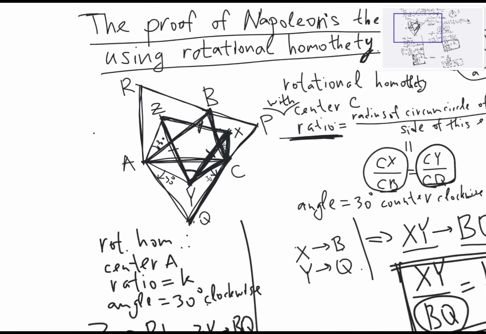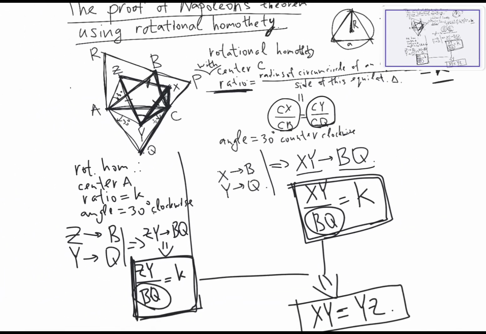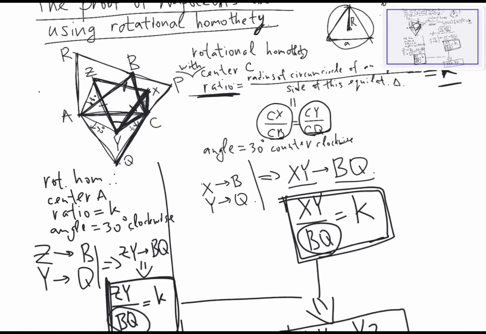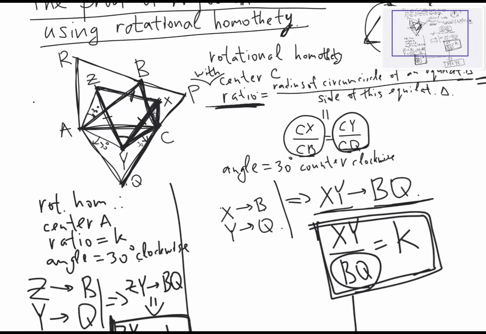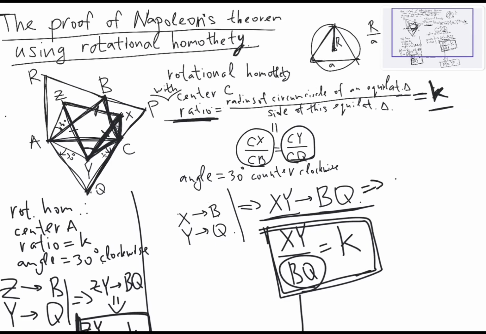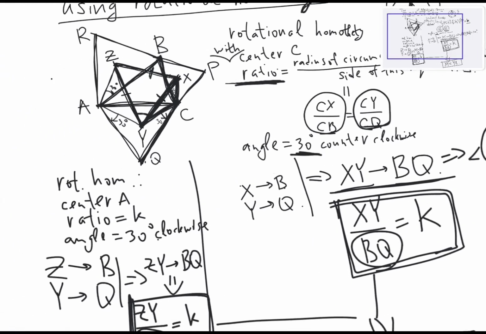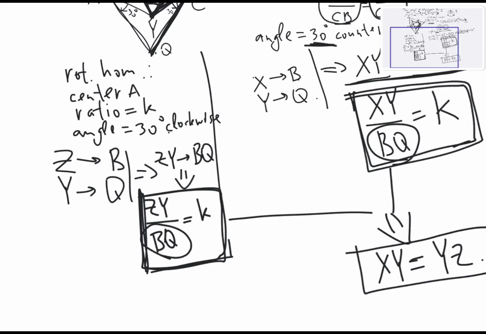Because under this rotational homothety XY is mapped to BQ, this means that the angle between the lines XY and BQ is equal to 30 degrees, because that is the angle of the rotational homothety, and here as well.